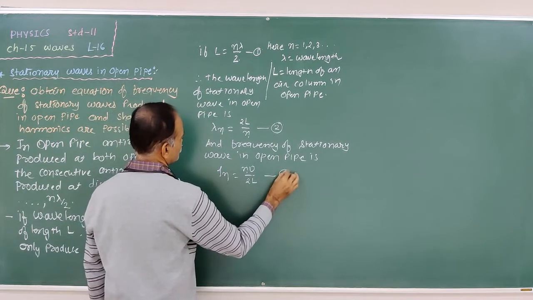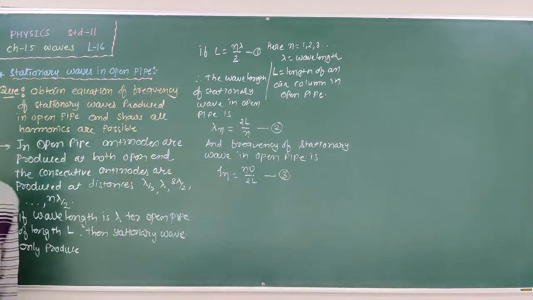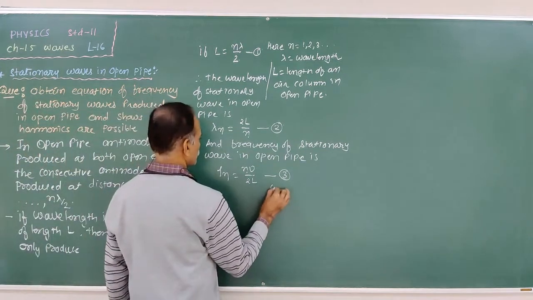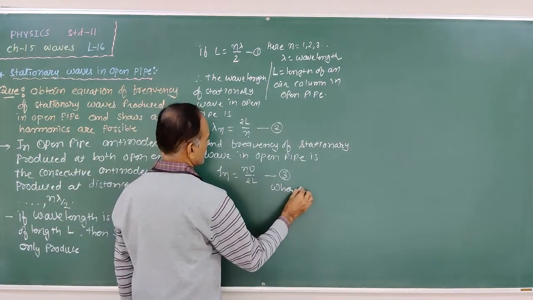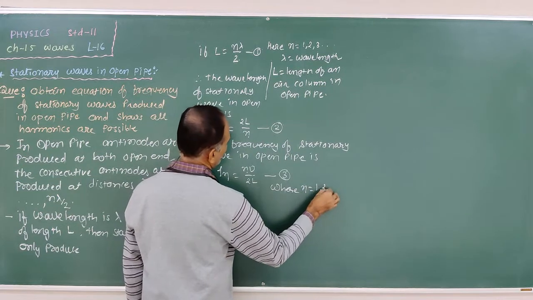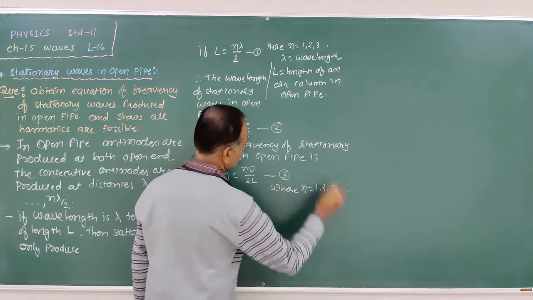Equation number 3. Here n is equal to 1, 2, 3, and so on.